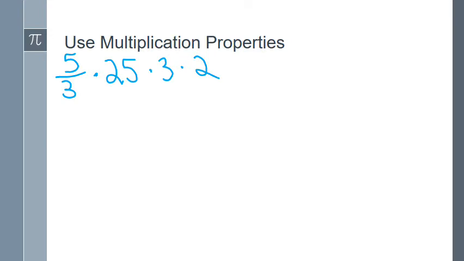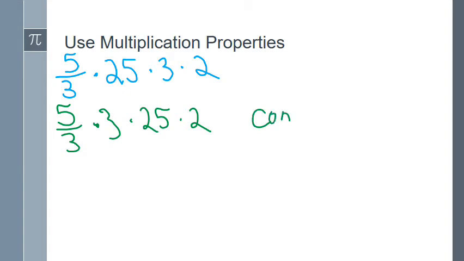But I'm going to reorganize it a little bit, putting it in this order: 5 over 3 times 3 times 25 times 2. Again, the commutative property says it doesn't matter which order I multiply a series of numbers; the product's going to be the same, so we just use the commutative property to take care of that.